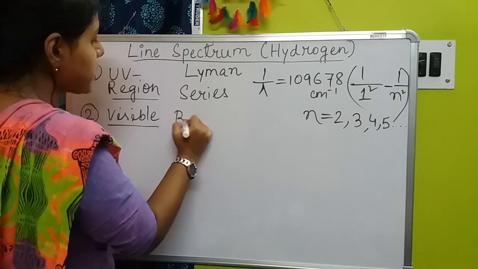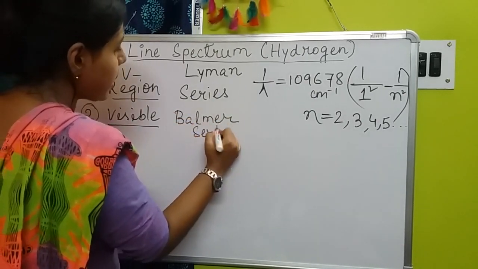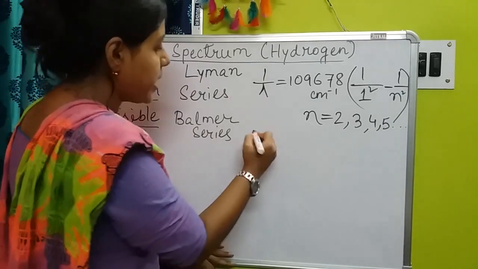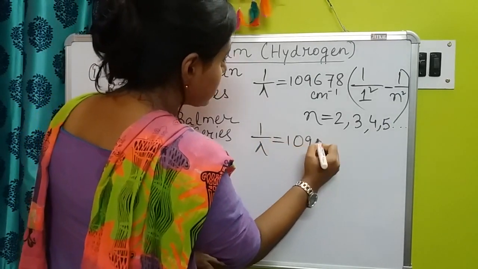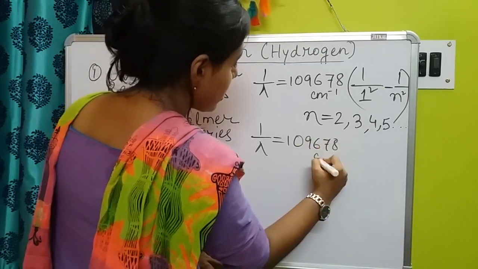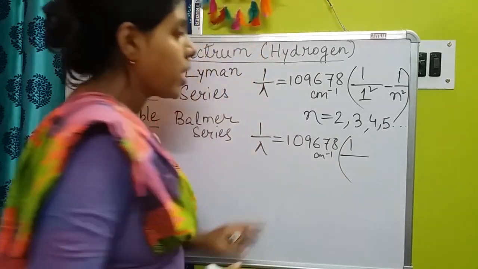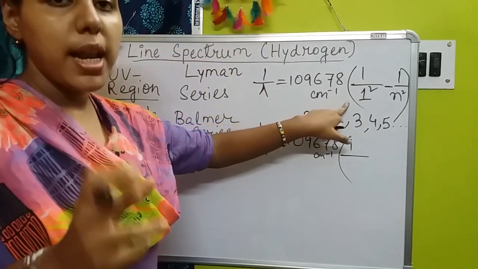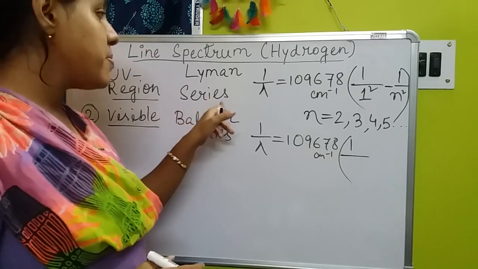The visible region was observed by Balmer, so it is known as the Balmer series, and here 1 by lambda equals 109,678 centimeter inverse, and within the bracket, for the first level it was under the UV region, known as the Lyman series.